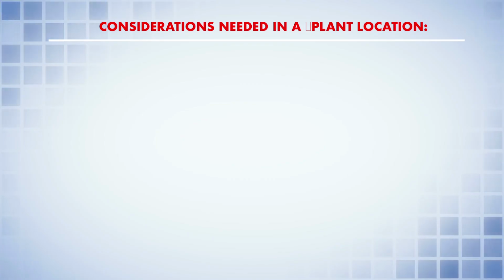Then we keep our location near the raw material. Bokaro, again a steel plant; Rourkela steel plant; NTPC, for coal or the raw material needed for power generation. Now, these are a few considerations needed for the plant location.